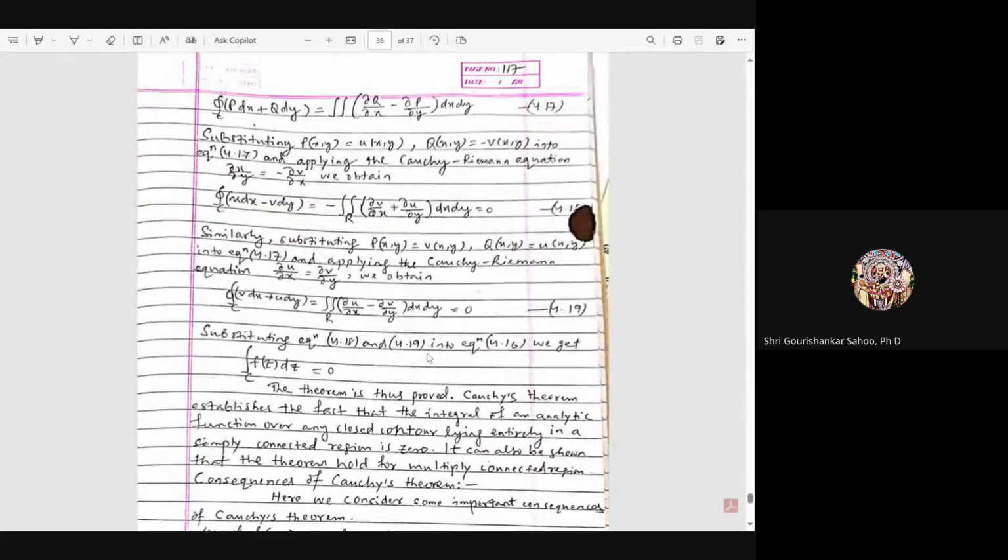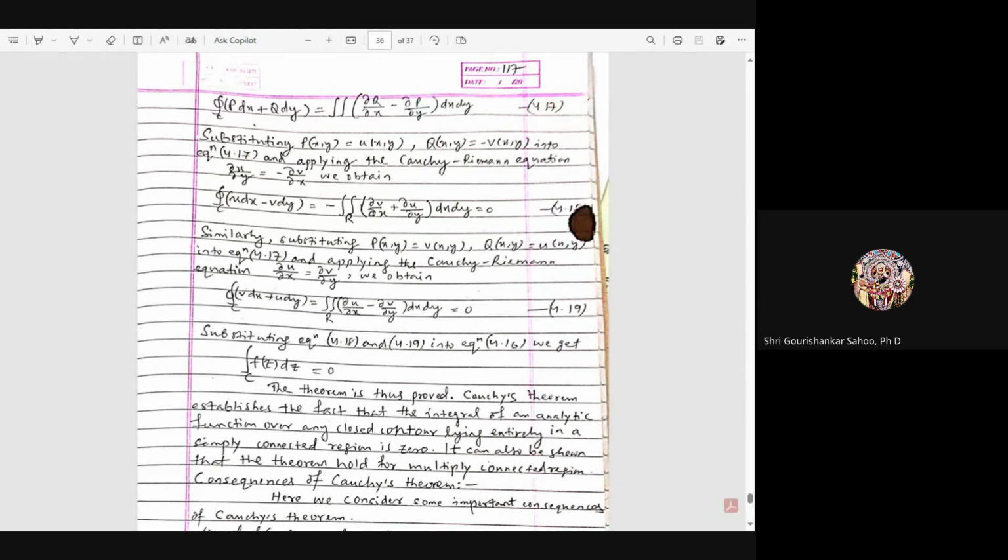Similarly, substituting P = v and Q = u in the equation and applying the first Cauchy-Riemann equation, ∂u/∂x = ∂v/∂y, you have the integration over the closed contour C of (v dx + u dy) equal to the double integral over R of (∂u/∂x - ∂v/∂y) dx dy, which is equal to 0. So you can substitute these in the original equation, and you have the integration over the closed contour of f(z) dz equal to 0.